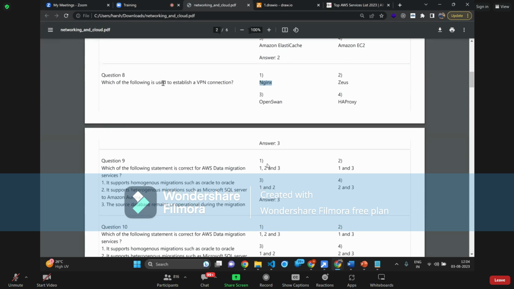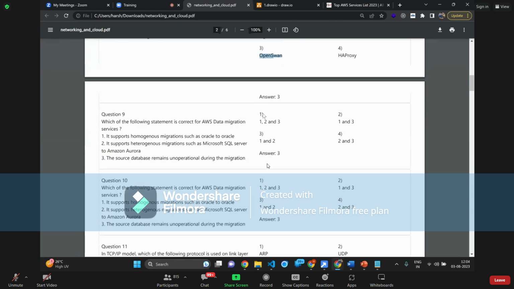It should be: which is used to establish a connection service. So in AWS, basically we have OpenSwan, and not just AWS, in general for your Linux also. Nginx is more utilized for server-oriented work. Zeus and HA proxy are not services that we use to establish VPN connections. OpenSwan is the most famous VPN connection service.